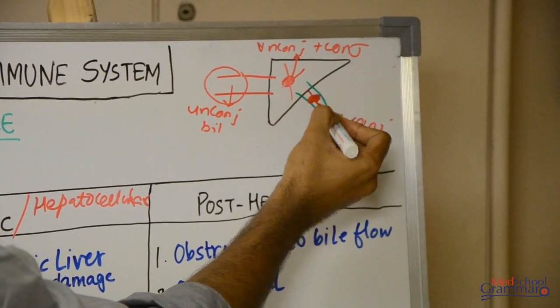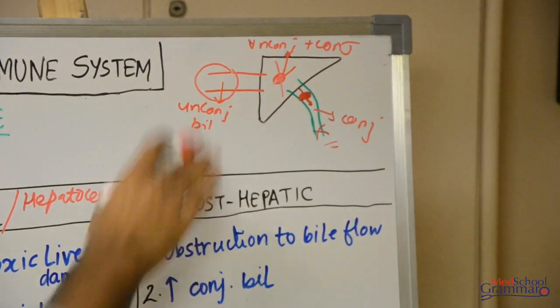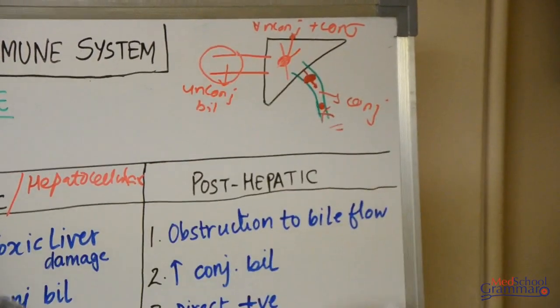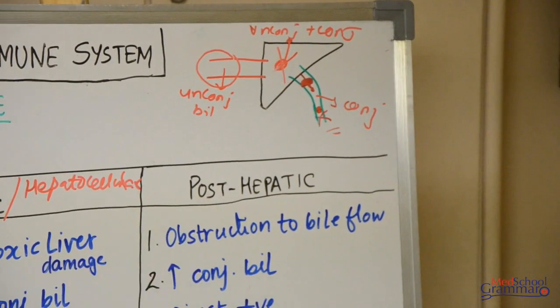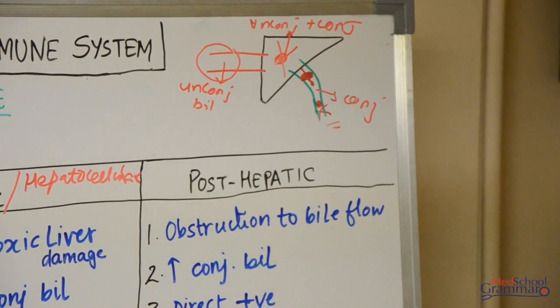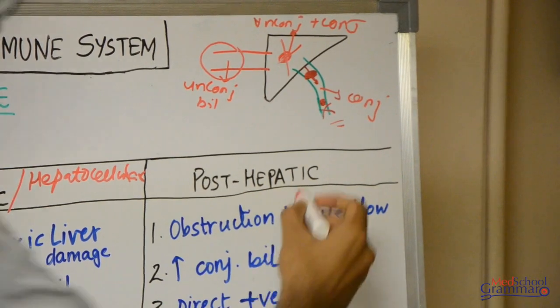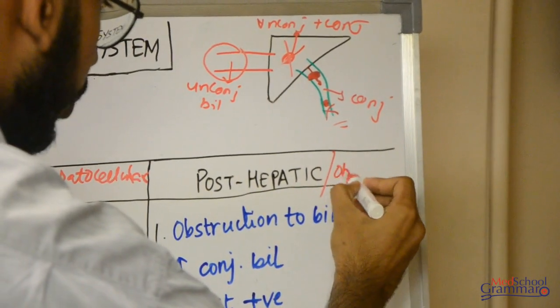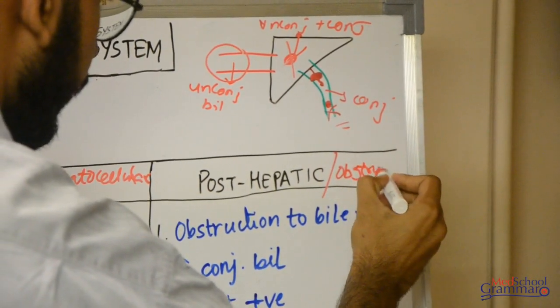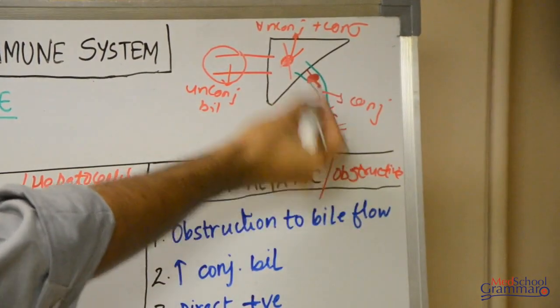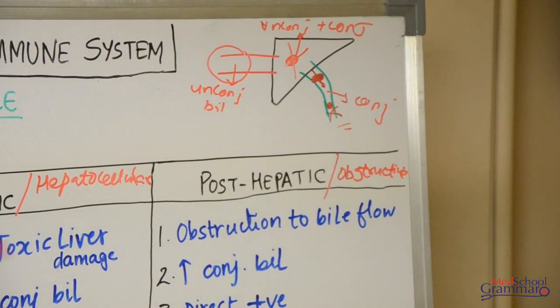The bile has moved out of the liver, but somewhere along the bile duct, it cannot flow into the intestine, it cannot reach the intestine, there is some obstruction. Therefore, post-hepatic jaundice is also known as obstructive jaundice. There is some obstruction in the biliary tree.